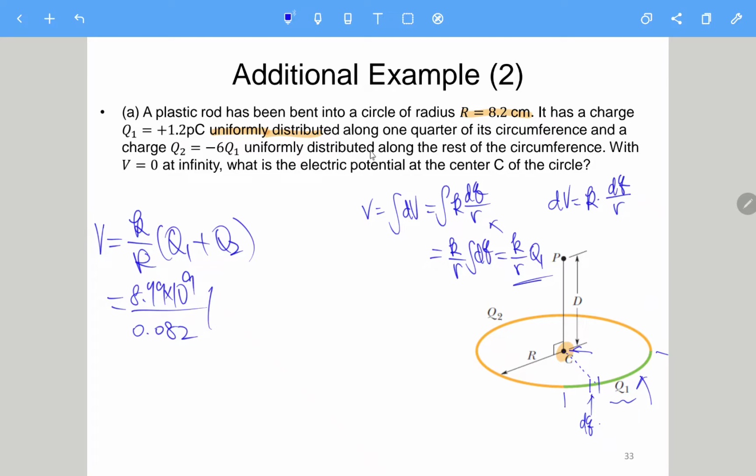Then Q1 is 1.2, and Q2 is negative 6, so we have 1 minus 6 times 1.2 times 10 to the minus 12 power. Pico is 10 to the minus 12. So we have this expression, and the answer will be minus 2.3 volts.